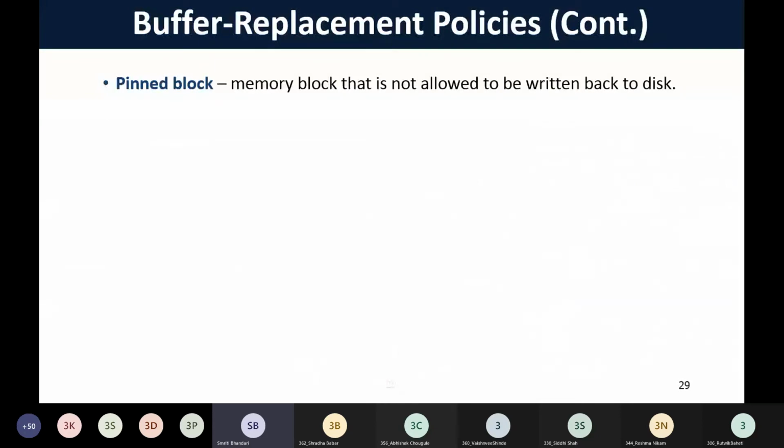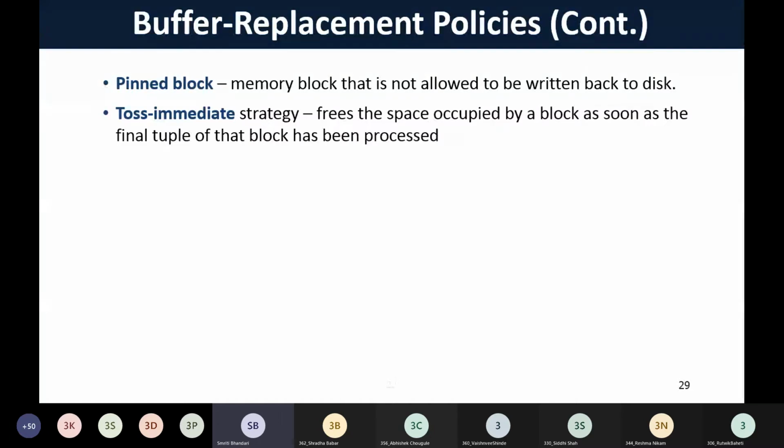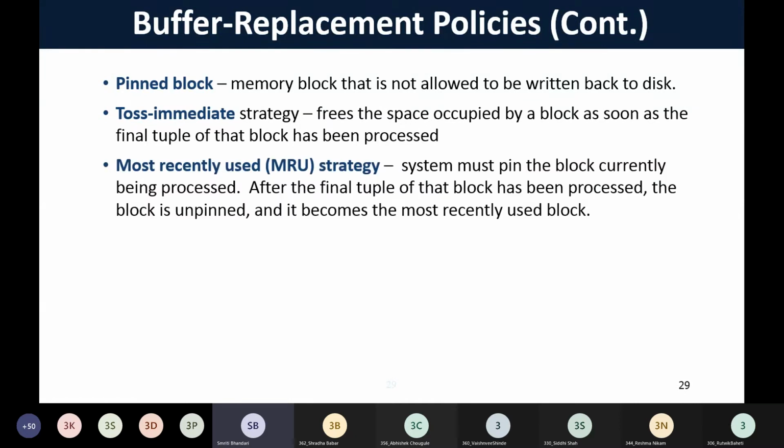So we have seen earlier the pinned block, that is, the memory block that is not allowed to be written back to the disk. We have seen the toss immediate strategy that frees the space occupied by a block as soon as the final tuple of that block has been processed. And now we are targeting the most recently used strategy. So the system must pin the block currently being processed. After the final tuple of that block has been processed, the block is unpinned and it becomes the most recently used block.